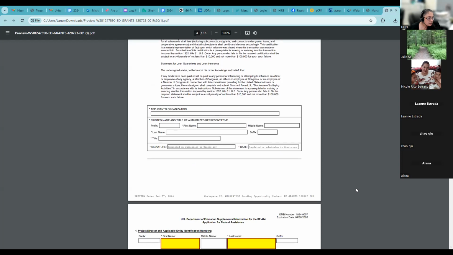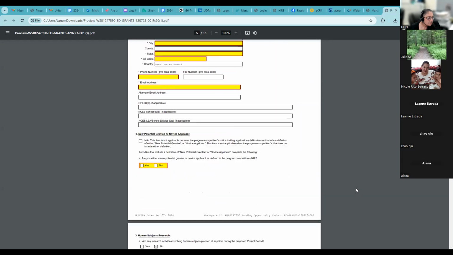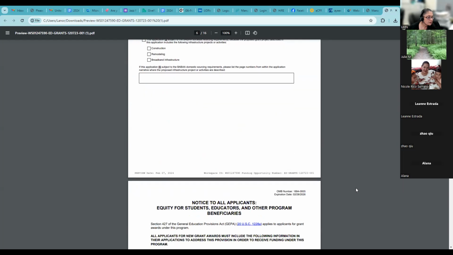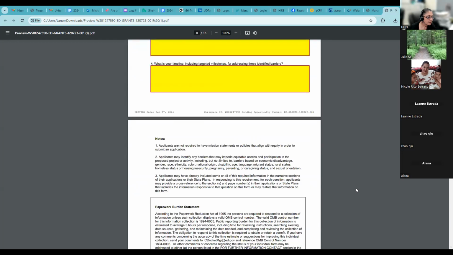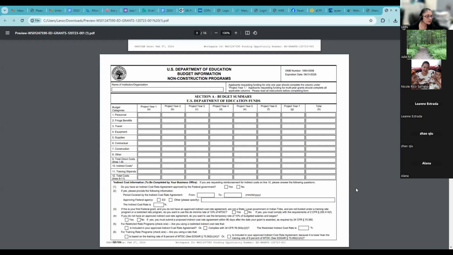Then the non-construction form, which is also part of the SF424, section A, is where you break down your major categories and your costs over year 1 through 5 with your totals.